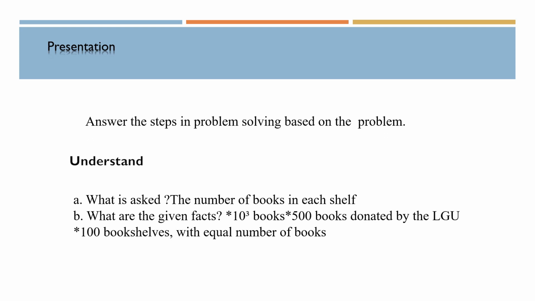And number 2, what are the given facts based on the problem? What is your answer, children? 10 cubed books, 500 books donated by the LGU, 100 bookshelves with equal number of books.